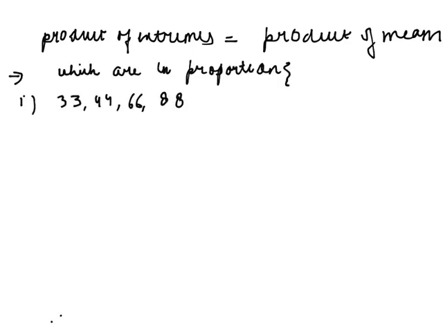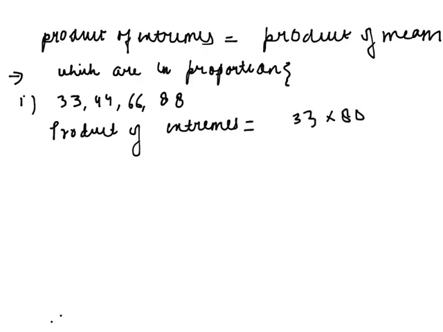So let's take the first example. We have to check whether they are in proportion or not. To find it, we will find the product of extremes, that is the first and fourth terms. So the product of extremes will be 33 times 88. When we multiply these two, we will get 2904.